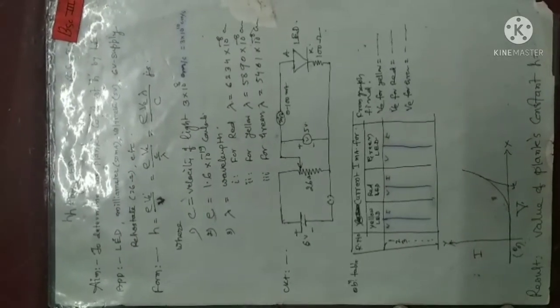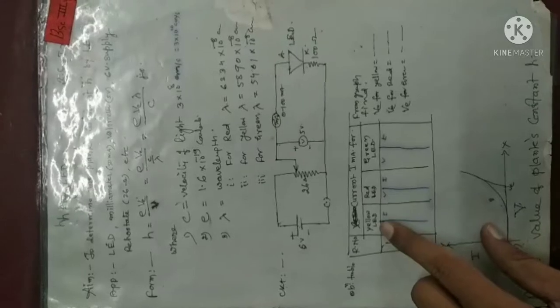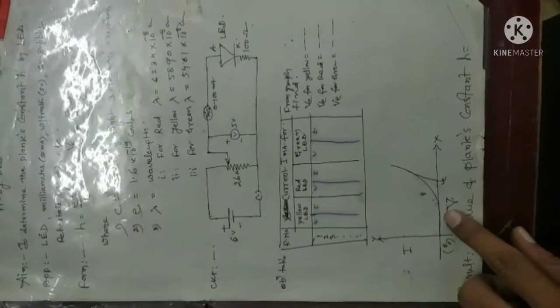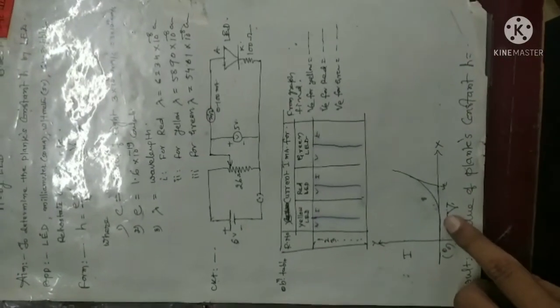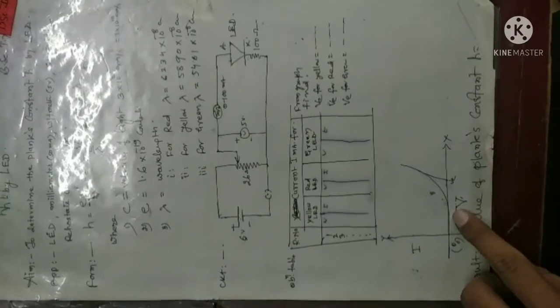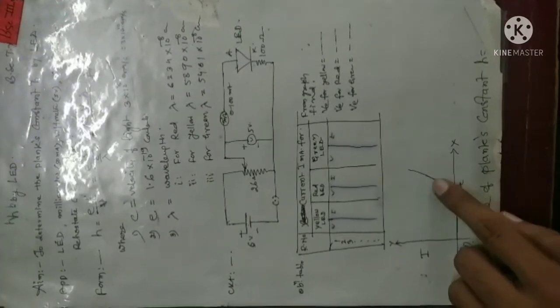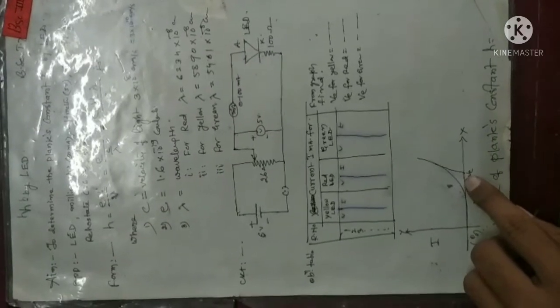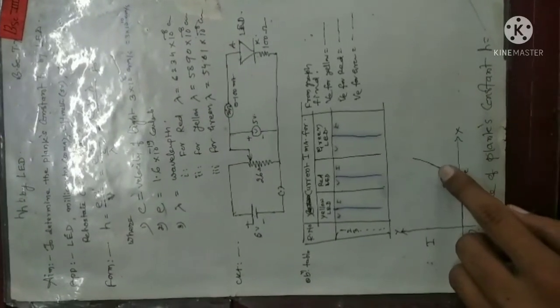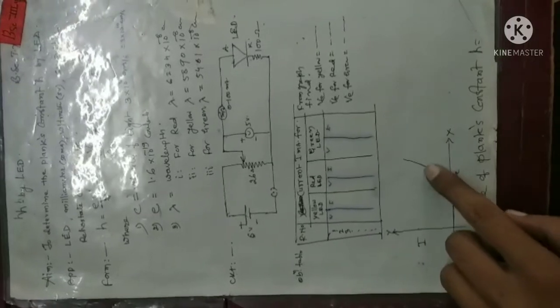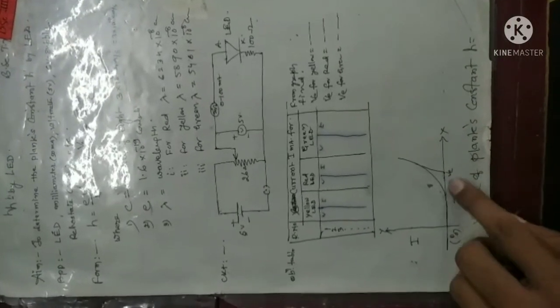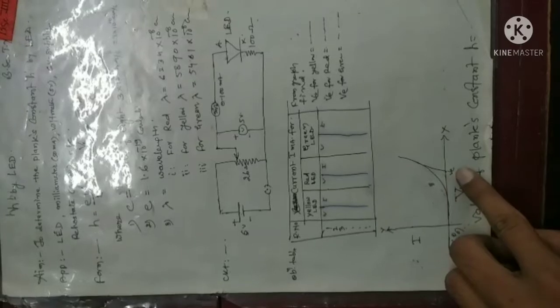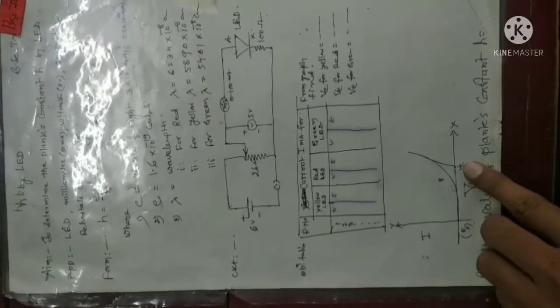Then we will draw a graph for different colors of LED, and thereby determine the value of VE. The value of VE is determined by the tangent to this curve, which intersects the x-axis at this point. We call it VE.